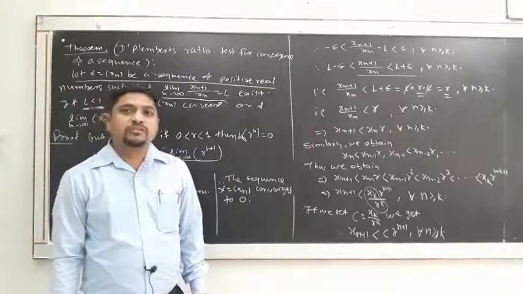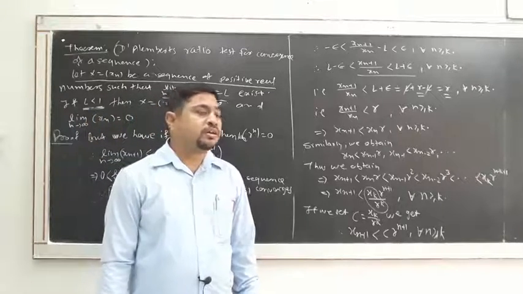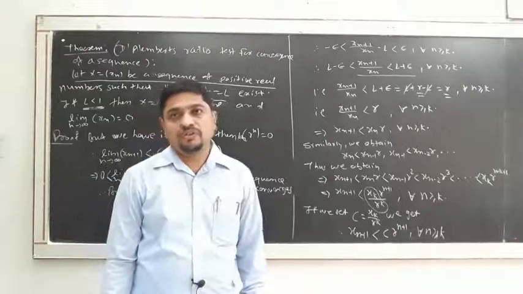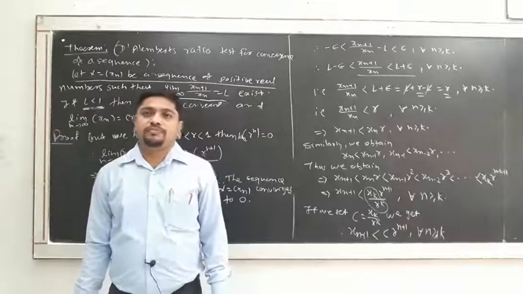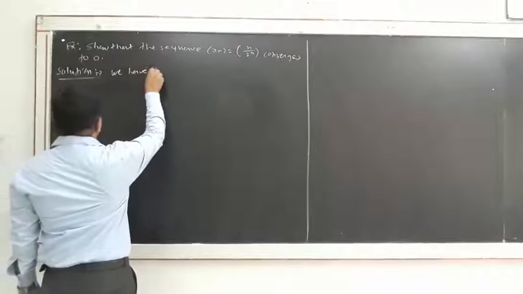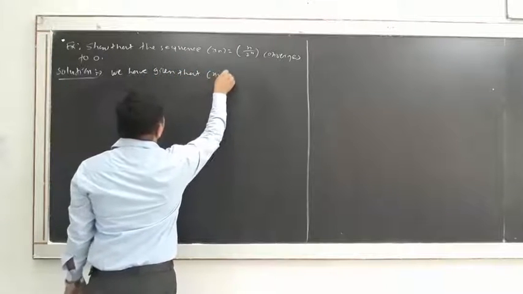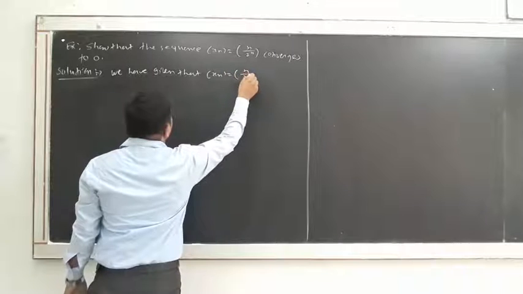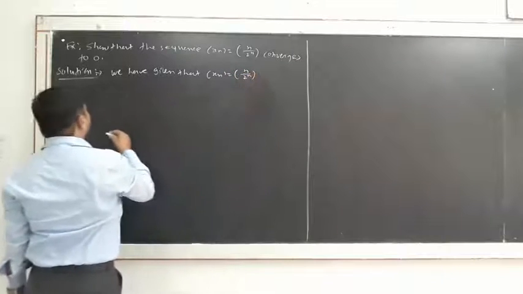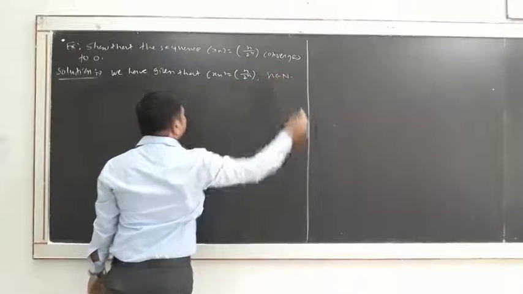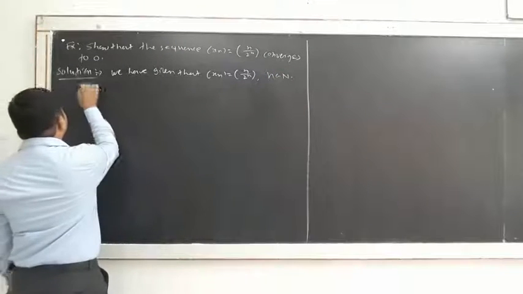Now we take one example on the D'Alembert's ratio test for the convergence of a sequence. Given that x_n is equal to n upon 2^n, where n must belong to the natural numbers.